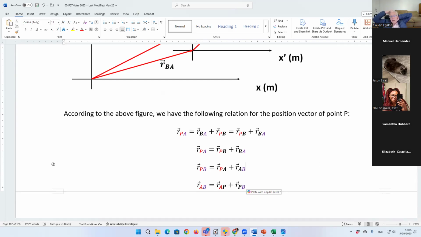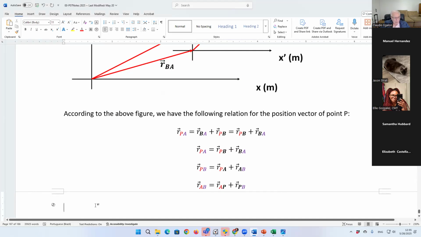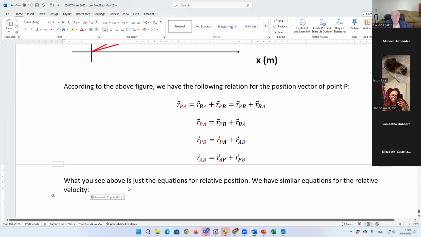I'm doing that because we are going to use that in the relative velocity in special relativity. So we don't have relative velocity here yet, but we can get relative velocity by making delta R over delta t.